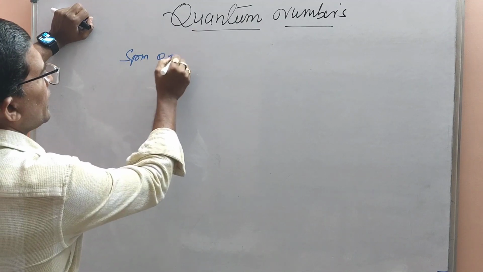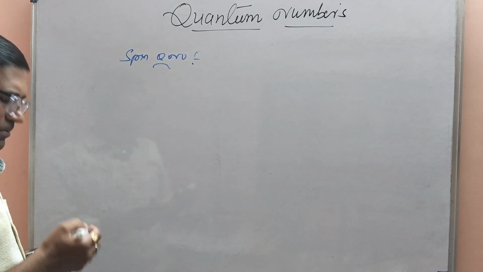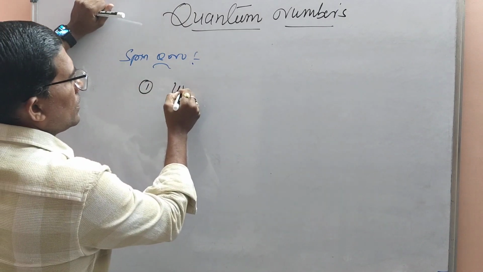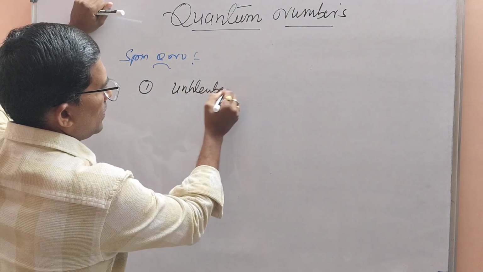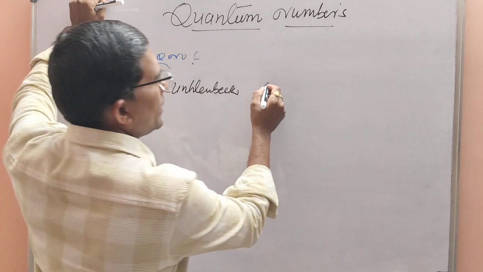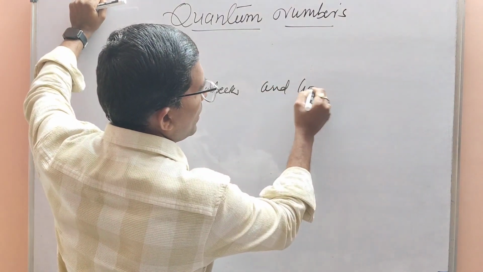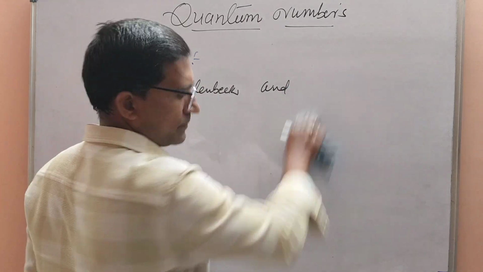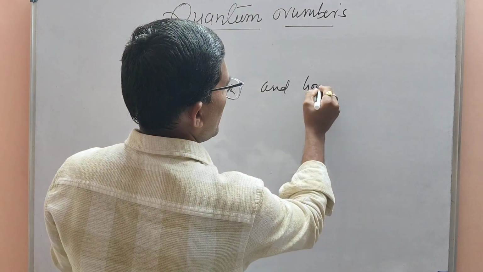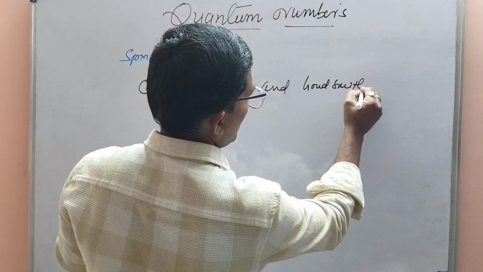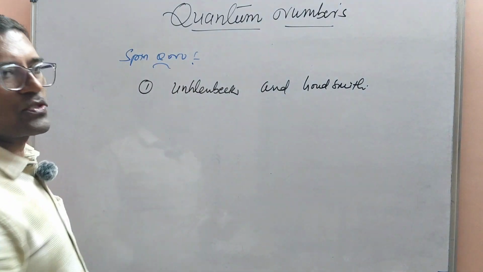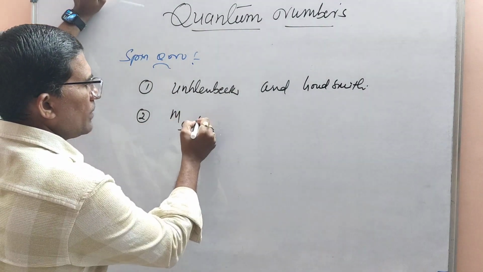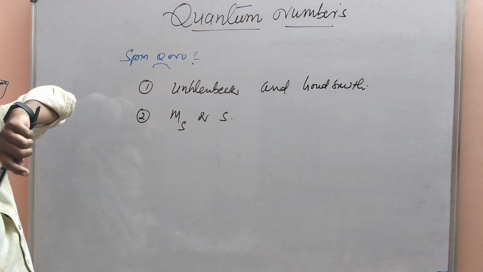Okay, next one, the other type of quantum number we have is the spin quantum number. Spin quantum number was proposed by Uhlenbeck and Goudsmit, and it is represented by ms or simply s.